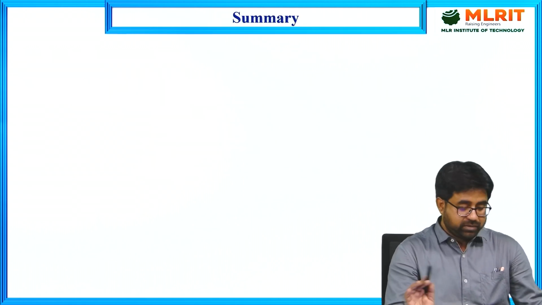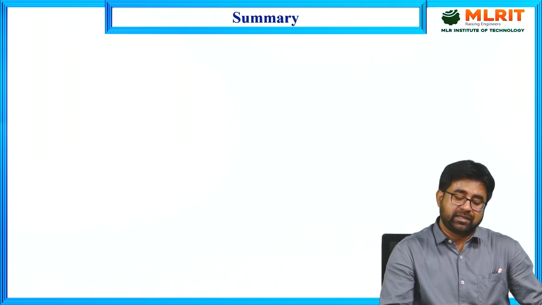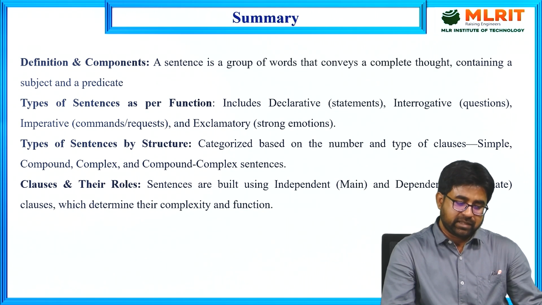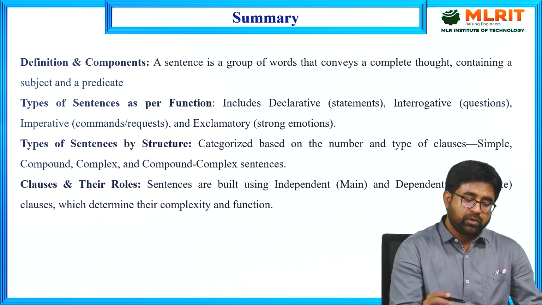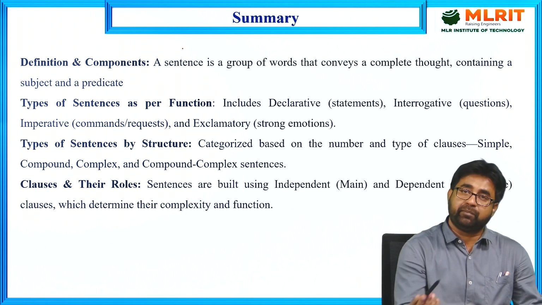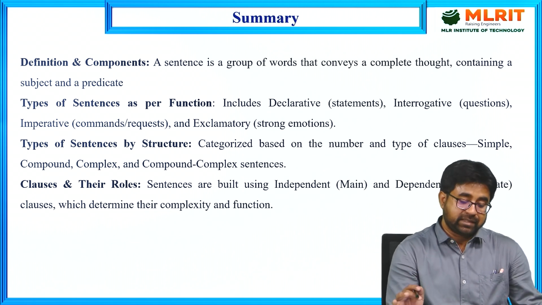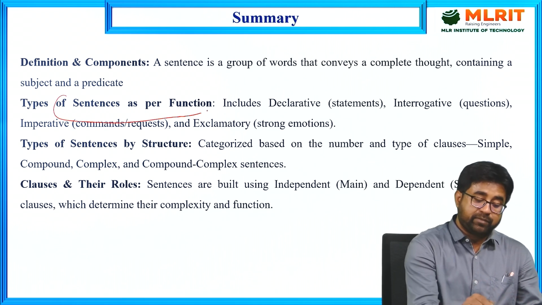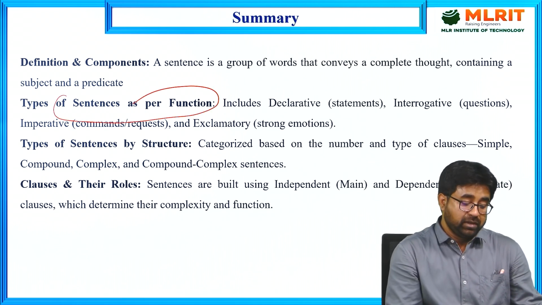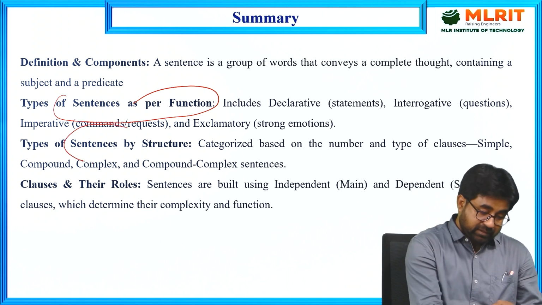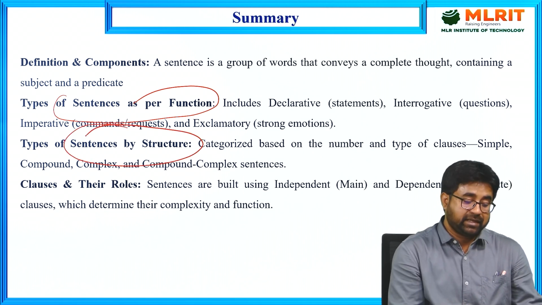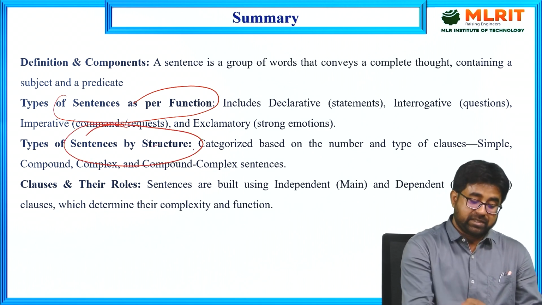So this was all. Now let's see the summary, the takeaway points of this lecture. From this lecture, we got to know about the definition and different components of a sentence. So we got a clear understanding about sentences and their different components. And then we got to know about types of sentences as per their function. And also, the most important thing, types of sentences by structure.